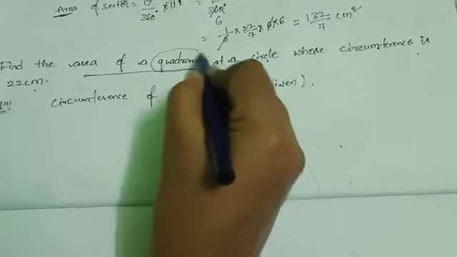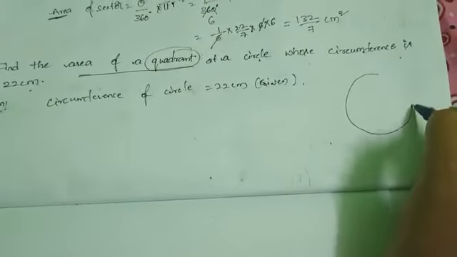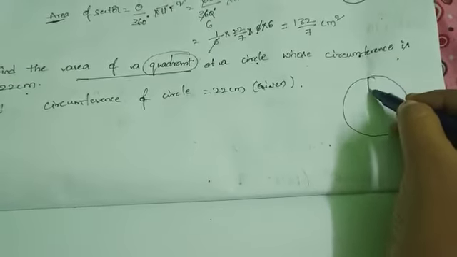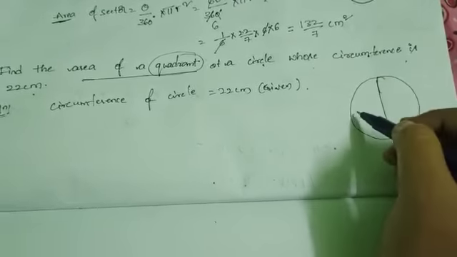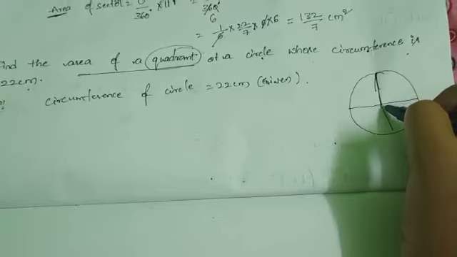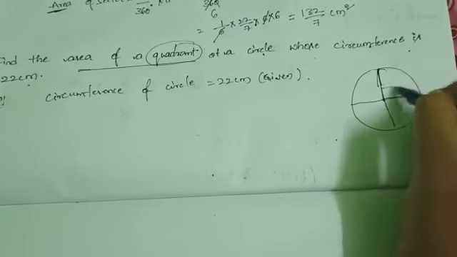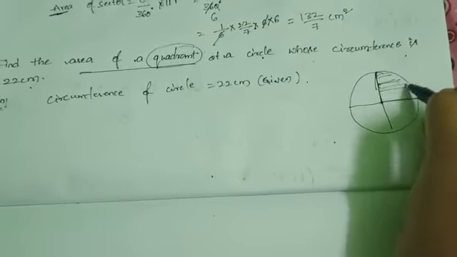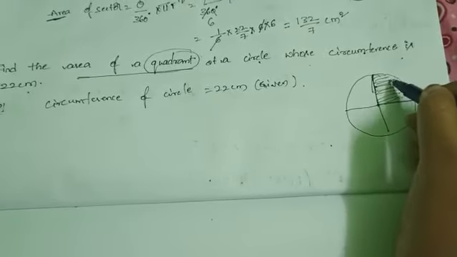First, what is a quadrant? Draw a circle. The circle is divided into 4 equal parts, and each part is called a quadrant of a circle. So here we have to find the quadrant area.